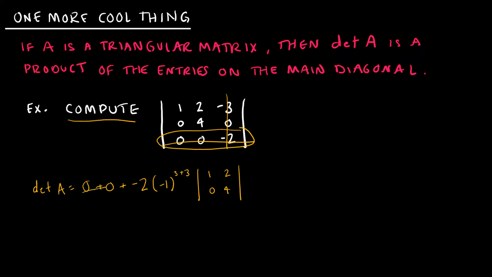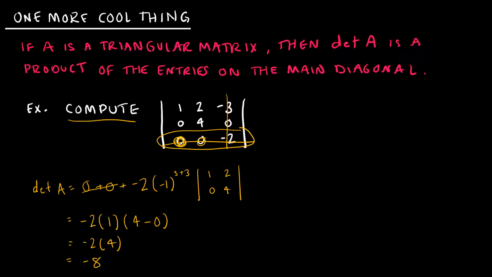It's not necessary for you to put the zeros. I put the 0 because the first term is 0 and the second term is 0, but it's just fine to omit those. So I have negative 2 and then negative 1 to the 6th, which is positive 1. And then I'm going to take 1 times 4, which is 4, minus 0 times 2. And that gives me negative 2 times 4, which is negative 8.